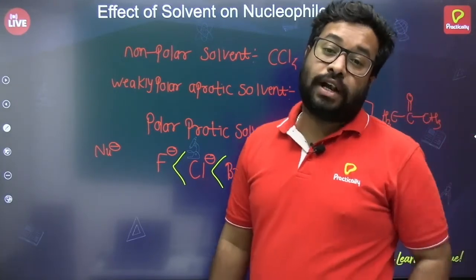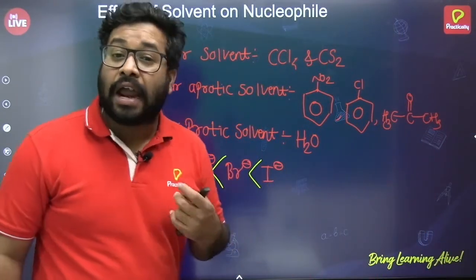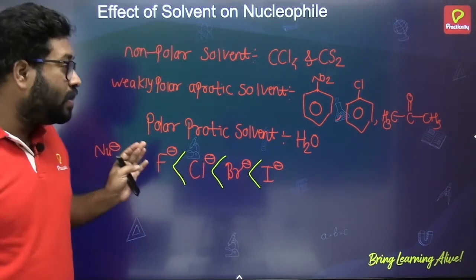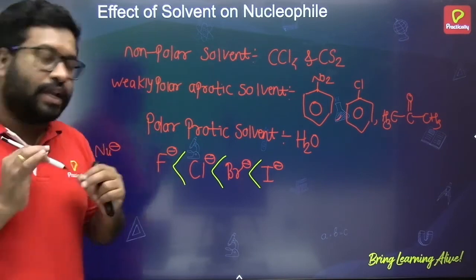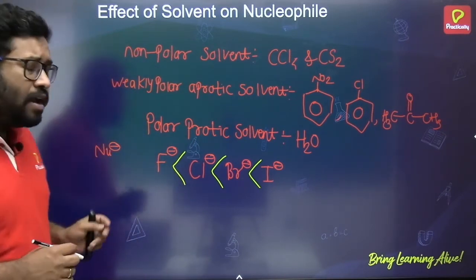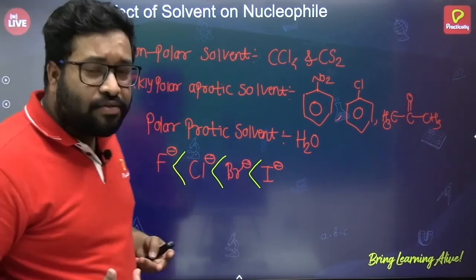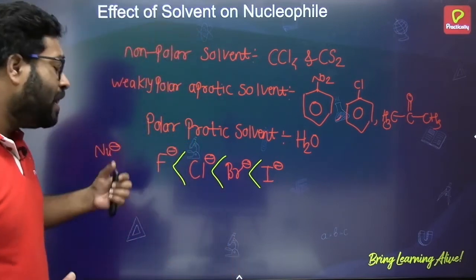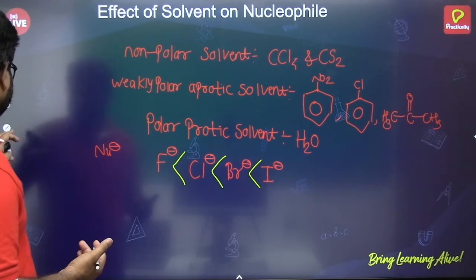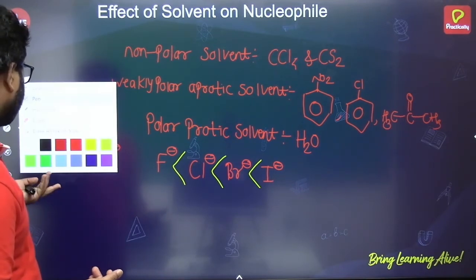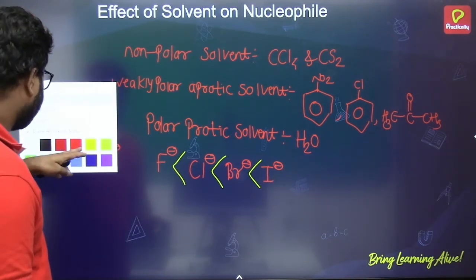Now the question comes, why and how? How is the order in this way only? Okay, now I'm going to decode that. See, you do not have a nucleophile directly in this format, right? This must be present in some sort of a salt. What is that salt?